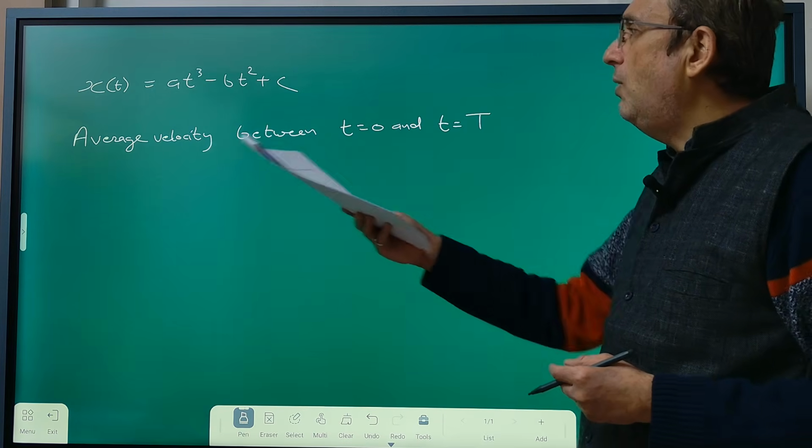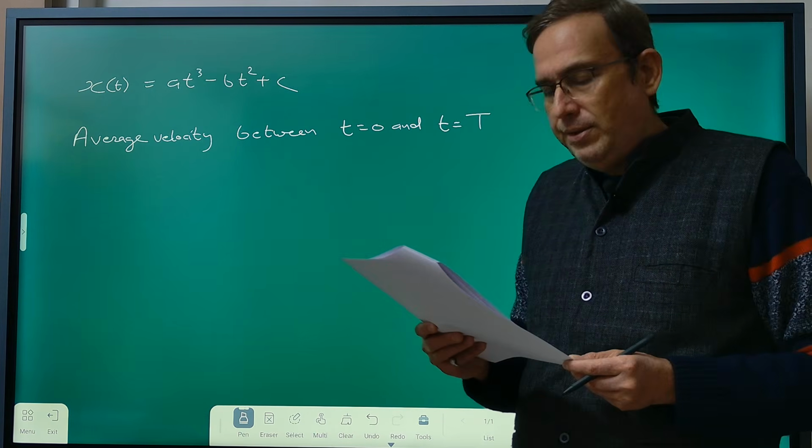And then you have to calculate the average velocity between these 2 points.